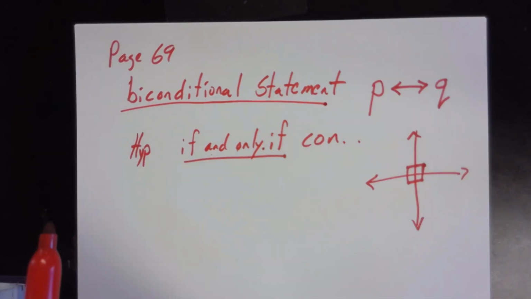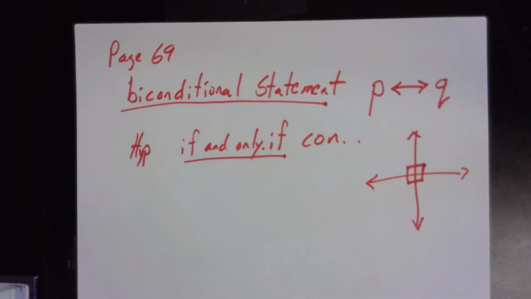Let's look at number 11. If two line segments have the same length then they are congruent segments. Is that true? Okay. If two segments are congruent, then they have the same length. Their measures are the same. Is that true? Okay, so the original statement and the converse are both true. So we can write that as a biconditional statement.